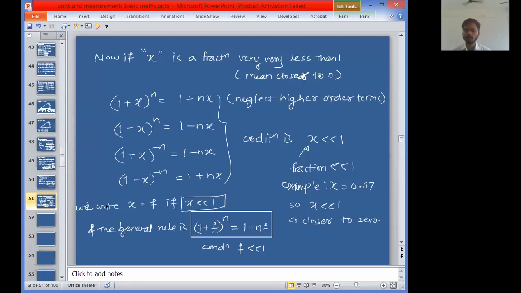But let me tell you that these calculations, these tricks are going to simplify your calculations. बरेच calculations बाळांनो या ट्रिक्स मुळे सिंपल होणार आहेत. त्यातली 1 plus fraction raised to n, this trick will simplify many of the calculations. 1 plus fraction raised to n is 1 plus n times fraction. All right.